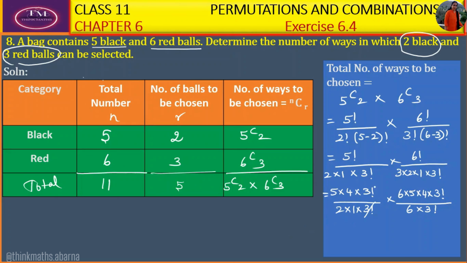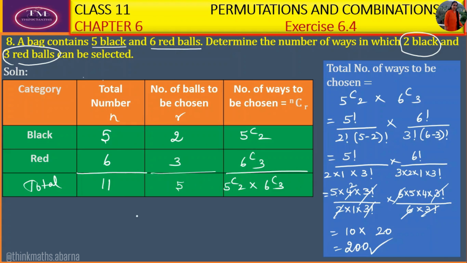Now cancelling out this 3 factorial and this 2, and now 3 factorial and this 6. So it is 5 into 2, 10, into 5 into 4, 20. So it is 200. Very simple, isn't it? So there are 200 ways of choosing 2 black balls and 3 red balls.